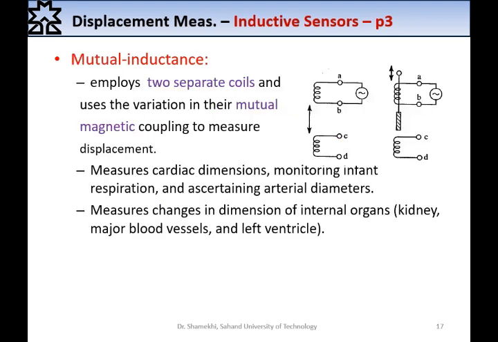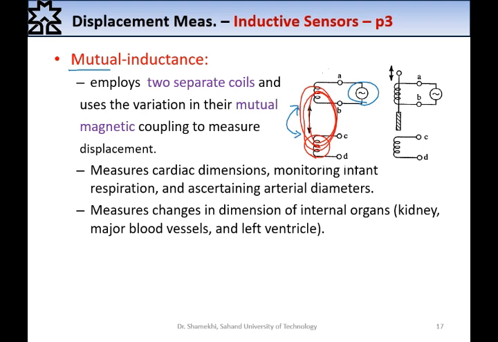The second type was mutual inductance. Mutual means that we have two coils with one source to excite the primary coil, and we need to induce the second coil with the magnetic field between these two coils, primary and secondary.